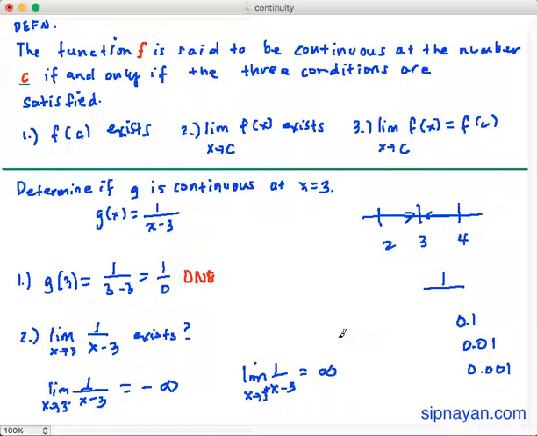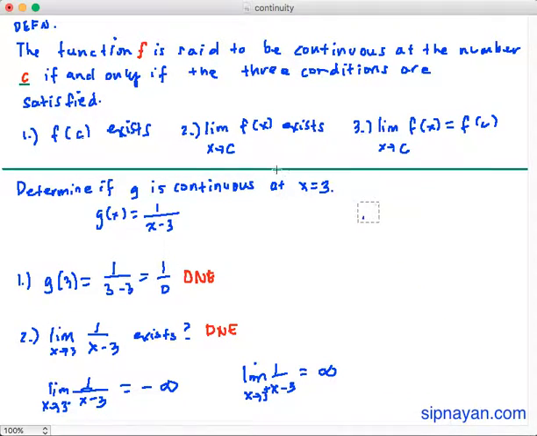Sabi natin, para mag-exist yung limit, dapat pareho yung left hand at right hand limit niya. So, does not exist na to. Now, question, yung pinaka-last condition natin.